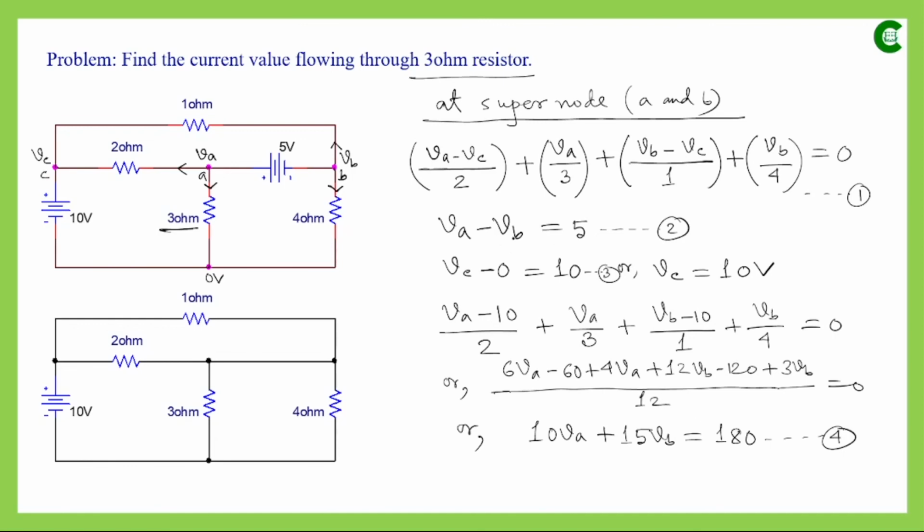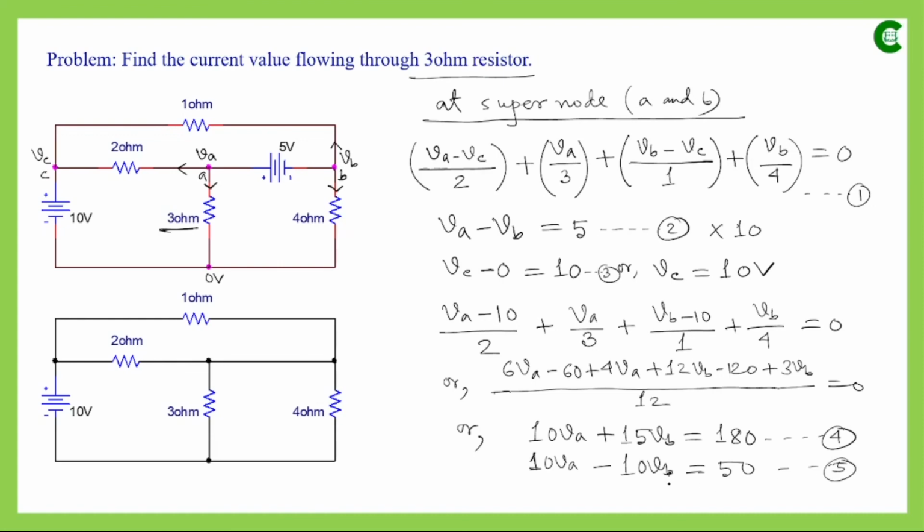We already have the second equation, VA minus VB is equal to 5. Now if we multiply the second equation by 10, the modified equation will be 10VA minus 10VB equals 50. This can be called our fifth equation.